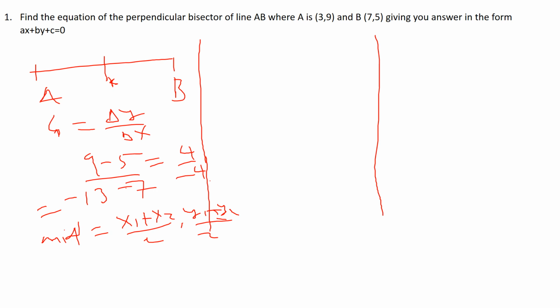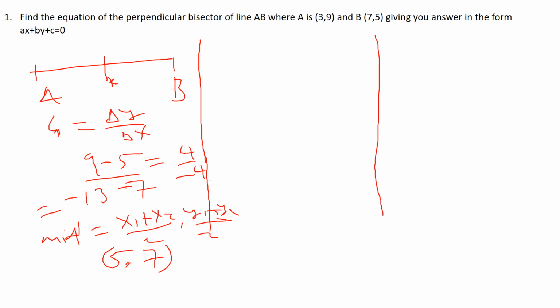So in this case, if you take 3 added to 7, you get 10 divided by 2. So our new point will be 5, and then you take 9 plus 5, that is 14, divided by 2. Then you get the midpoint is 7.